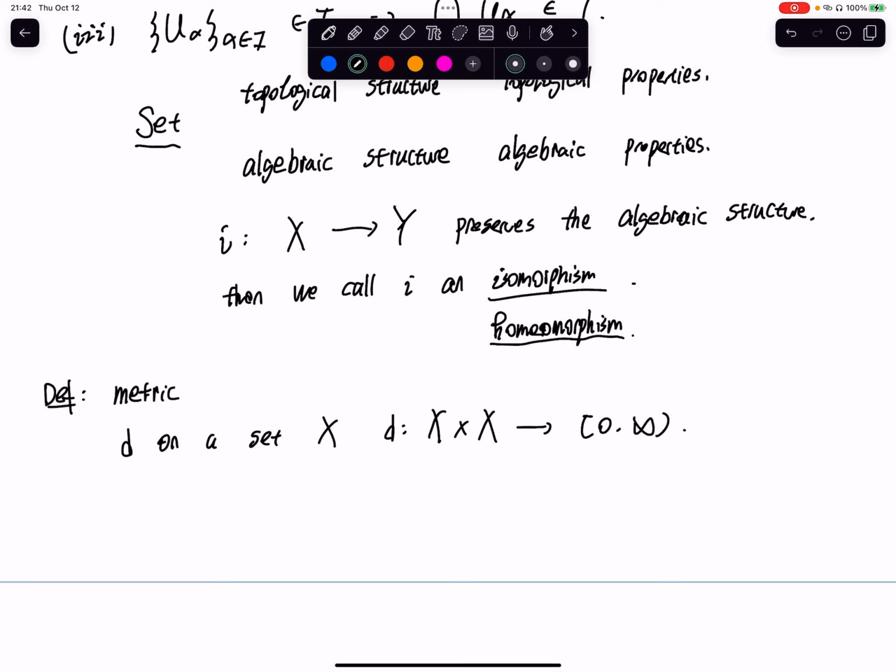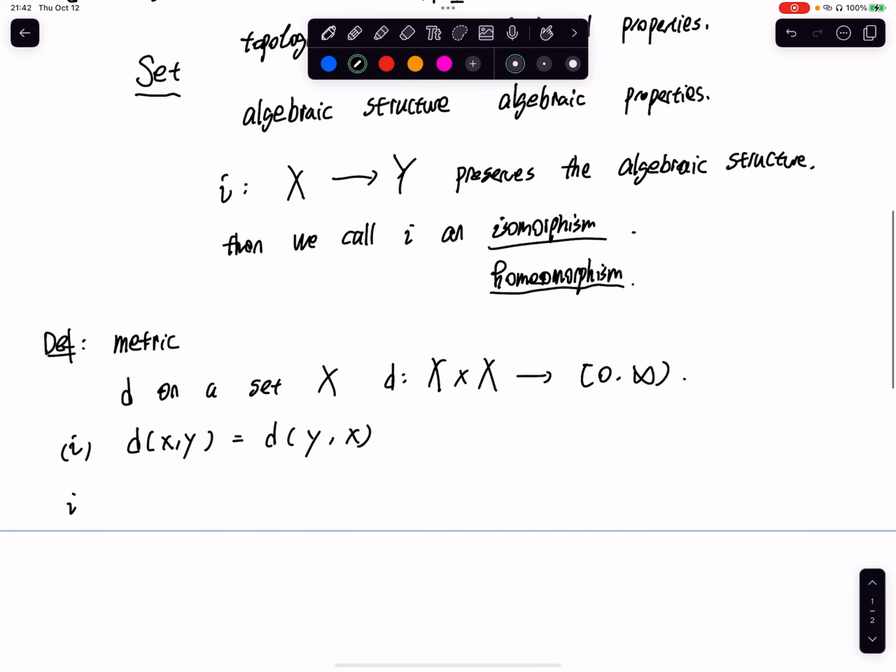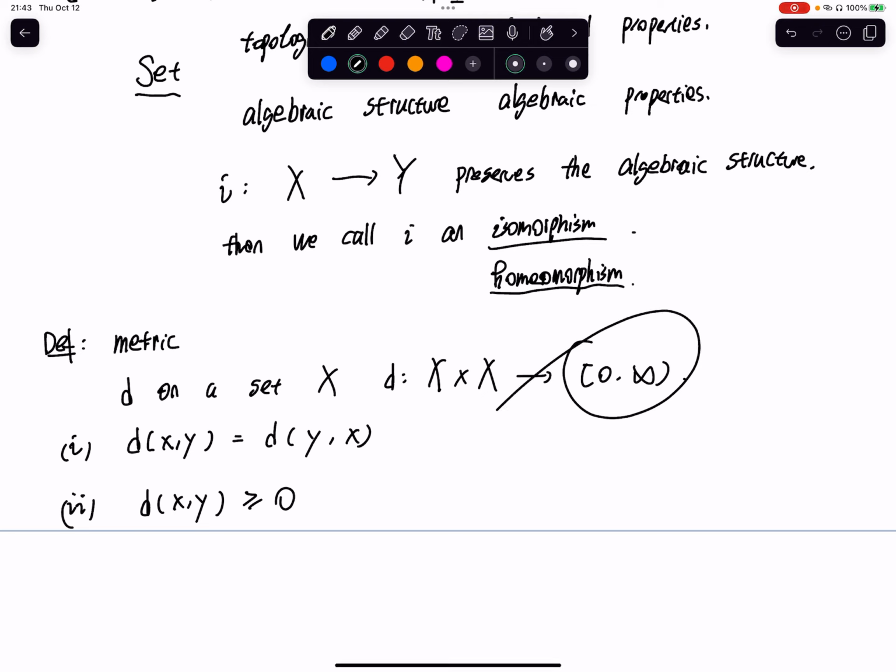It satisfies three conditions. First of all, d of x y equals d of y x. And second of all, d of x y is always greater than or equal to 0. This is directly derived from its range.